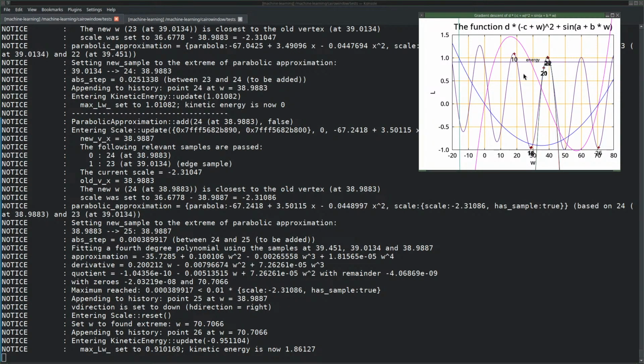Okay, maybe I should not have erased the scale just yet. But yeah, it already added 0.26 here. So that has nothing to do with this anymore.